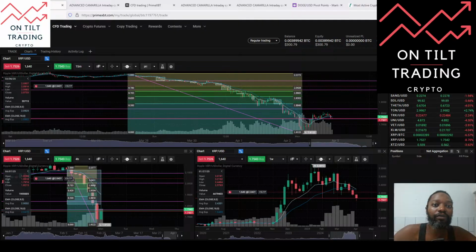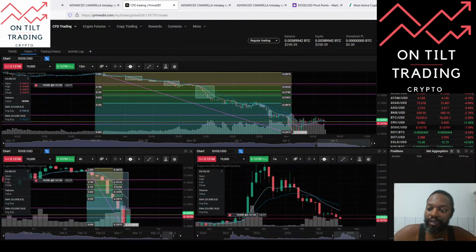But we'll go back over to Doge, and you can see the volume profile here on the weekly on Doge is not as high, but is noticeable. The volume profiles on different currency pairs are just going to be different, but I like the higher volume profiles. But Doge is checking out this morning. Let me walk you through what I'm seeing.